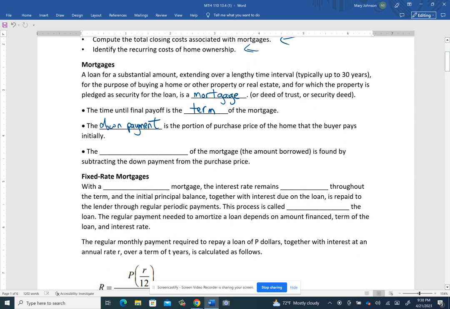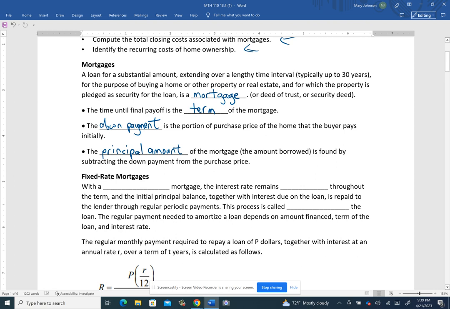So you pay that up front and then finance the rest. The principal amount of the mortgage is the amount borrowed, and it's found by taking the down payment away from the purchase price. That part is pretty much just like what happens with installment loans.